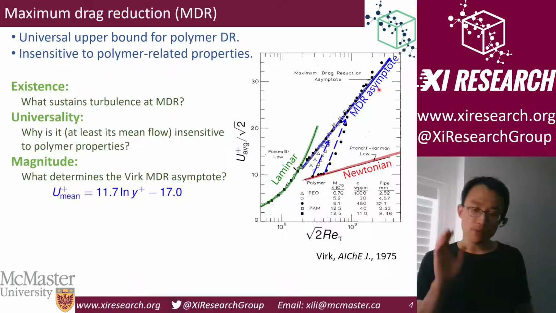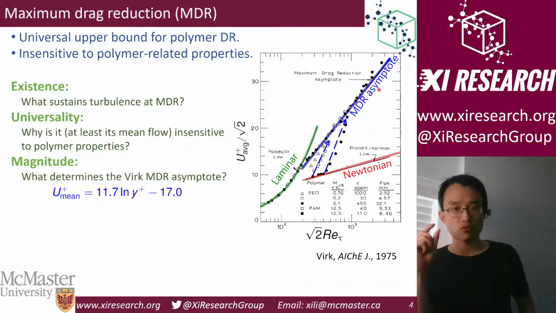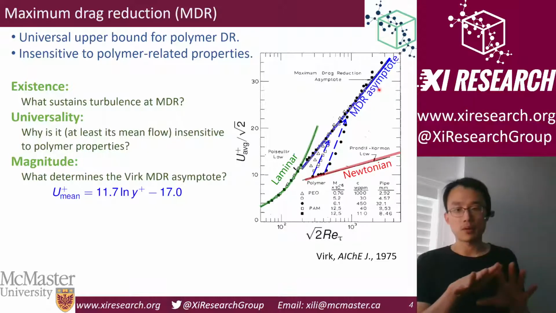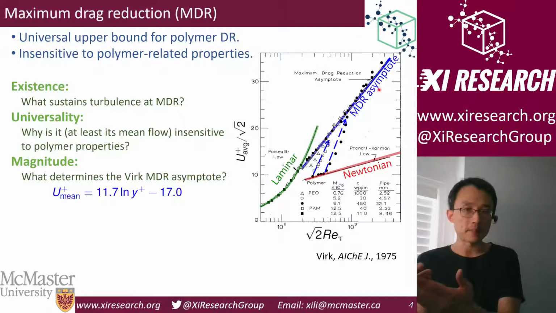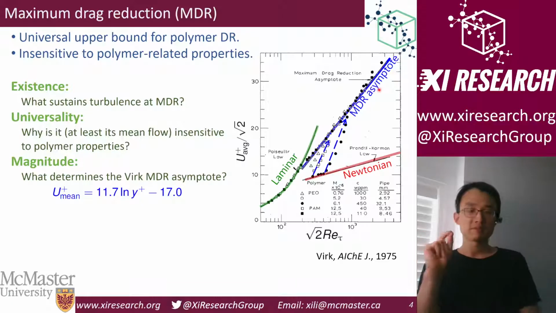So any theory that explains this MDR phenomena has to simultaneously address three questions. Number one is what I call the existence question, meaning that we know that polymers can suppress turbulence, but why is it not able to completely suppress turbulence and give you laminar flow? That means that there must be some mechanism that sustains turbulence at MDR, but what is that mechanism? That is question number one. Number two is a universality question.